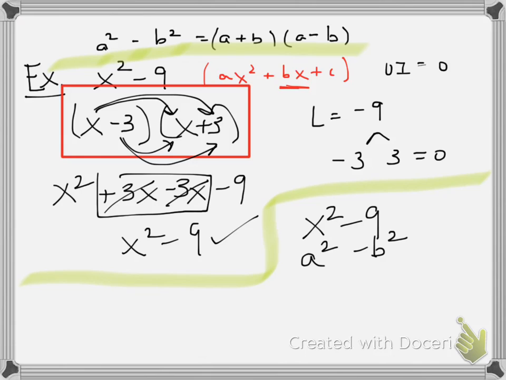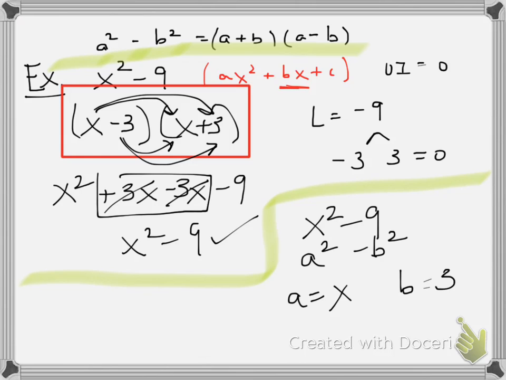If that's the case, what is a here? a is equal to x, and what is b equal to? Not 9, but it's equal to 3, because b squared is equal to 9. So that's where that b becomes 3. You're basically taking the square root of that.